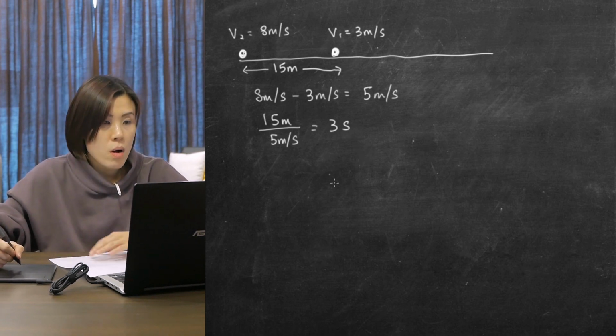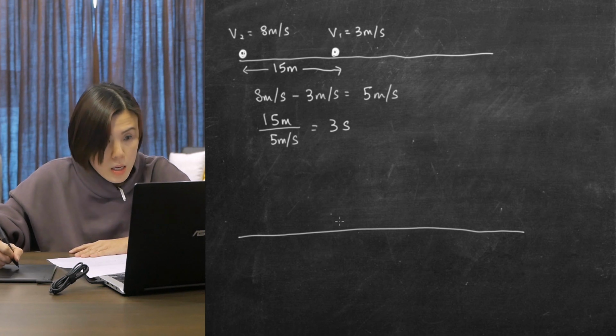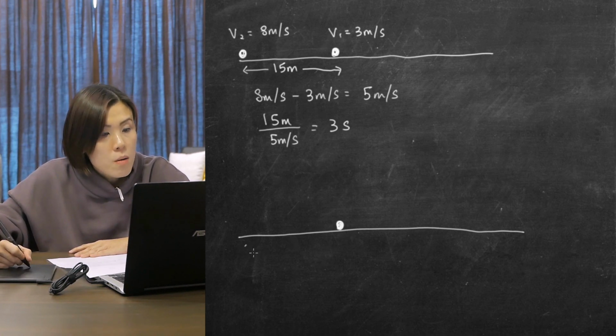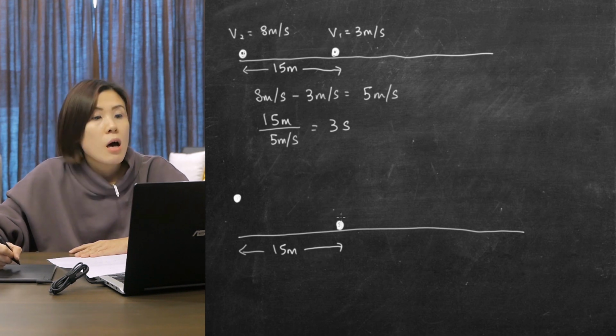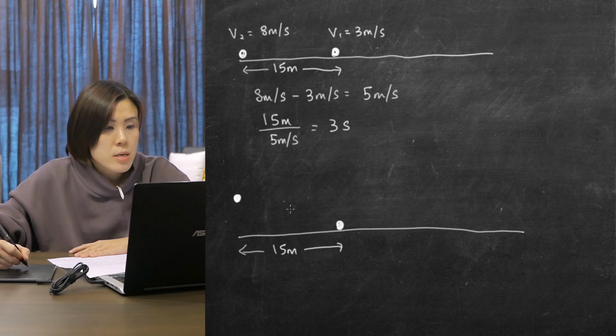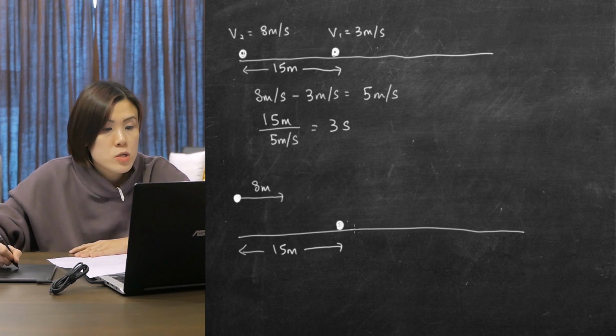And this can be verified by showing this diagram. Let's say the first object is 50 meters from the starting point, and the second object is at the starting point. After 1 second, the second object traveled 8 meters, and within the same time, the first object traveled 3 meters.